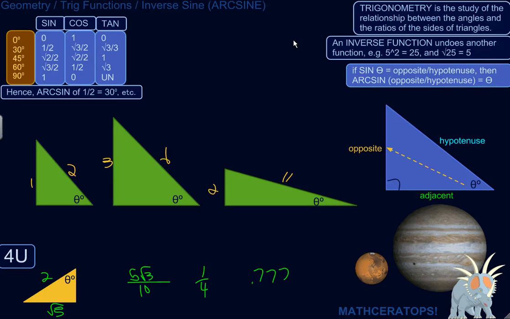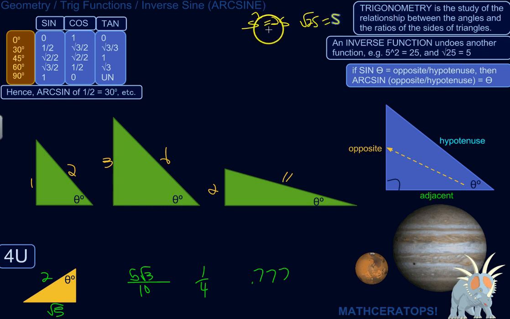So, an inverse function in general is a function that undoes another function. My simple example here: 5 squared is equal to 25. So the square root of 25 is equal to 5.